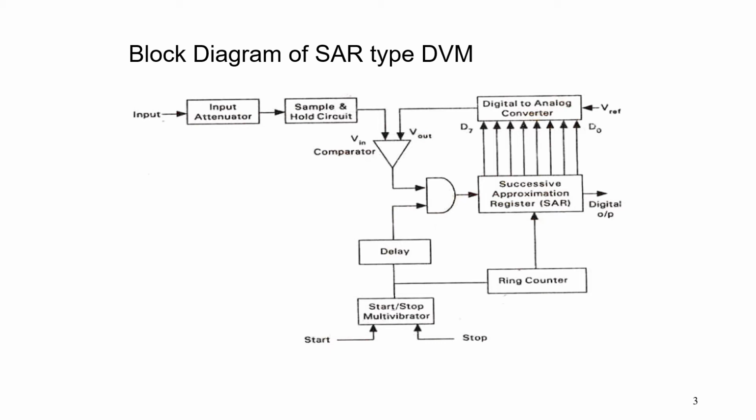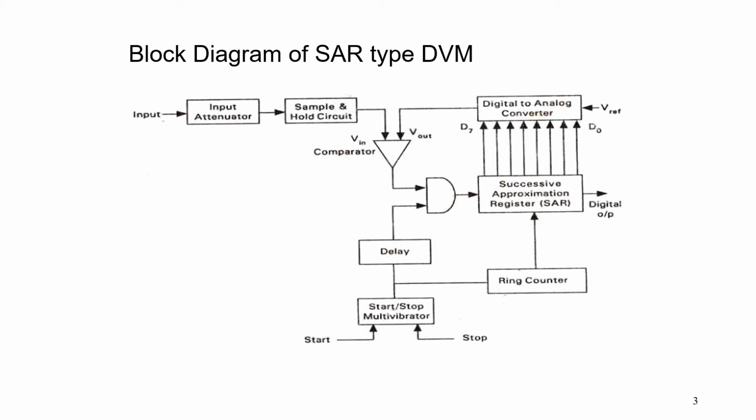The operating principle and block diagram of a ramp shows that at the start of the measurement, a ramp voltage is initiated. The counter is reset to 0. The sample multivibrator gives a pulse which initiates the ramp generator.